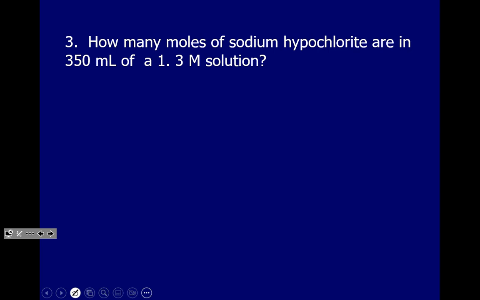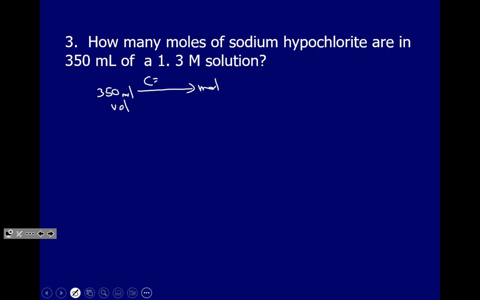So if I get a question like this that says, how many moles? I'm trying to find moles. I'm given the volume, 350 milliliters. How do I get from milliliters or volume to moles? I need the concentration.